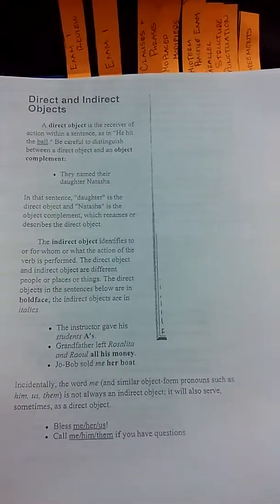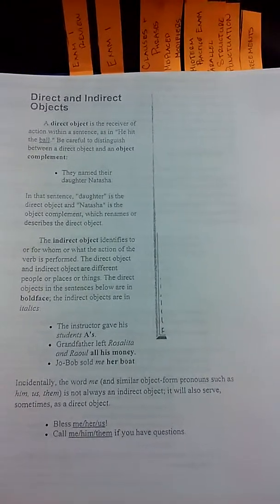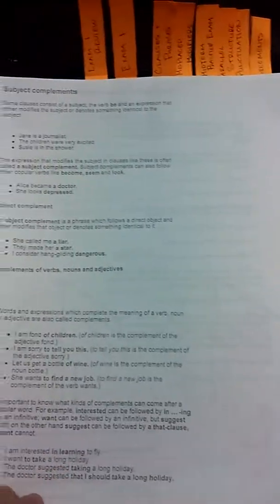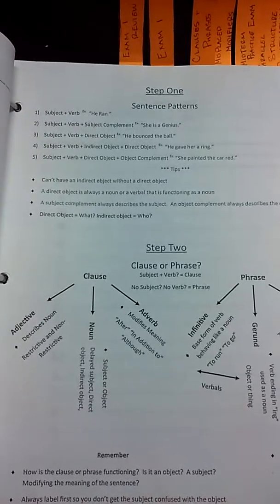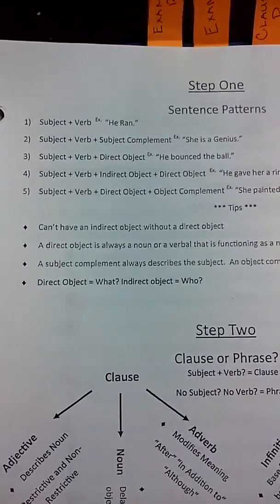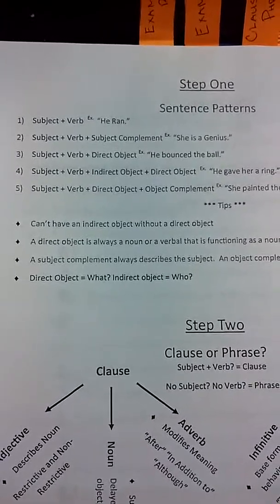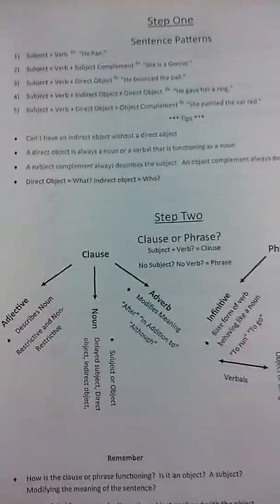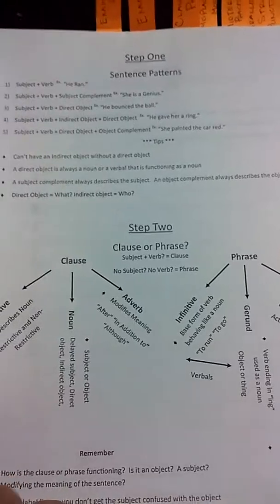direct and indirect objects. I place them in this section because they're directly related to the sentence patterns, because you use direct objects, indirect objects, objective and subjective complements.